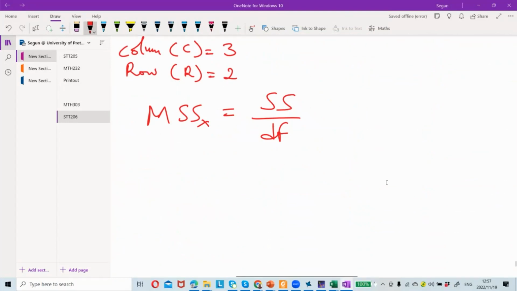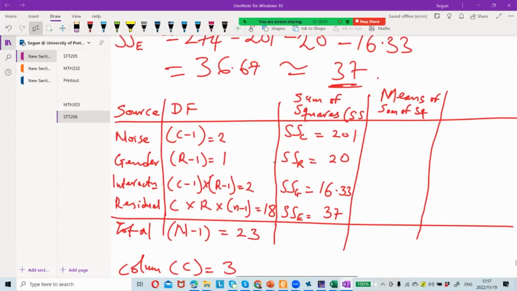So we have the degree of freedom of each of them here.